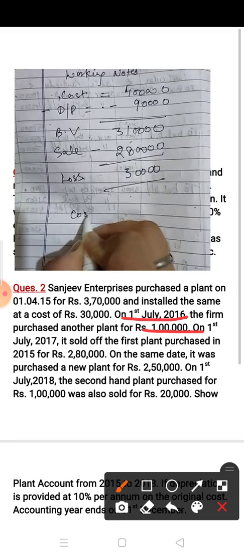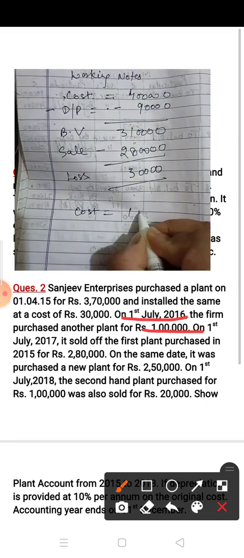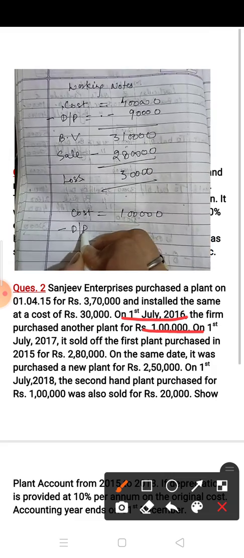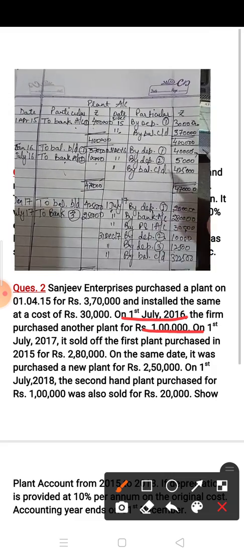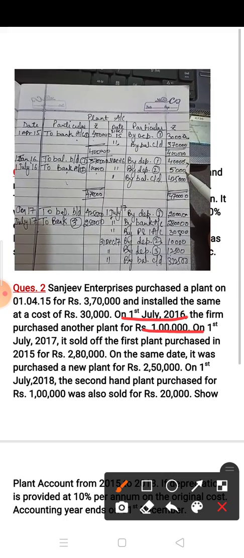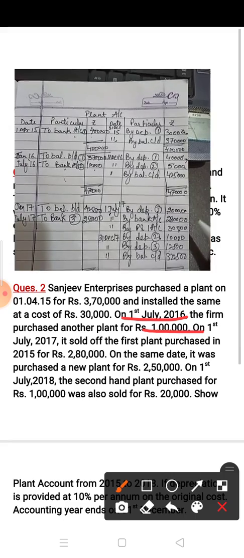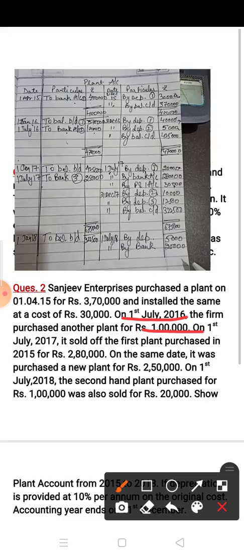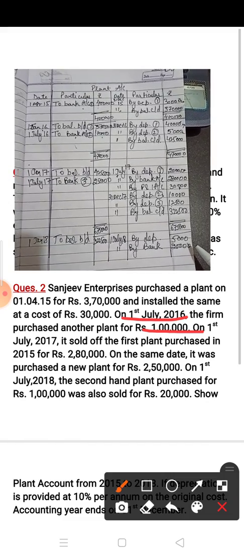First you have to write down the cost price. Cost price of the second plant is 1 lakh. Now depreciation you have to subtract. So here you have charged the depreciation. On the second plant, in the second year it was 5,000, here depreciation number 2 is 10,000. It means 15,000. Now you are charging 5,000, means 20,000.